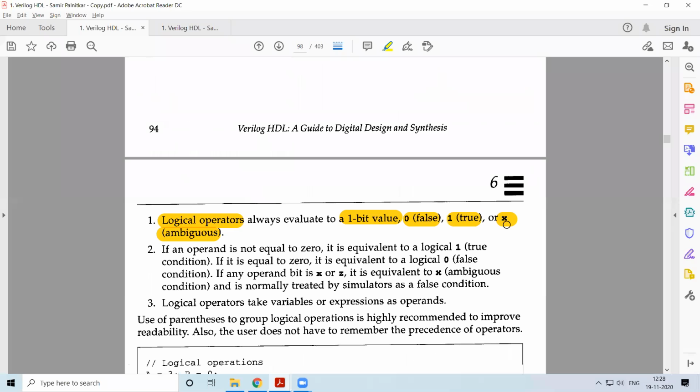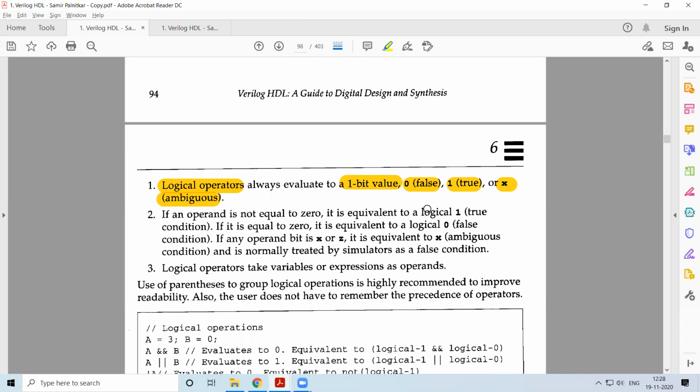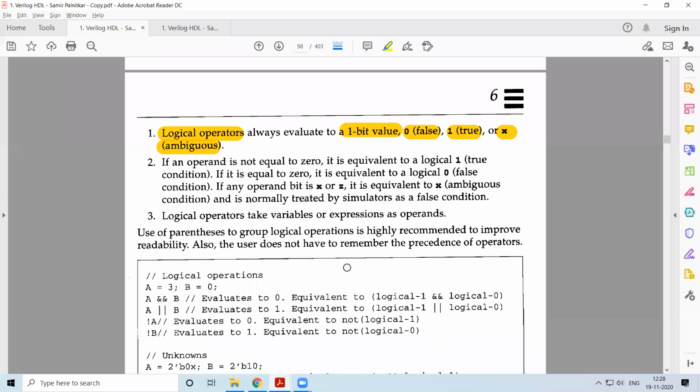Whenever in any of the operands there is a bit or bits which are either X or Z. If this happens in logical operators, you will encounter the ambiguous value. Logically speaking, if you are using it in an if statement or any other statement, it will be evaluated as a false condition. So three results are possible over here.